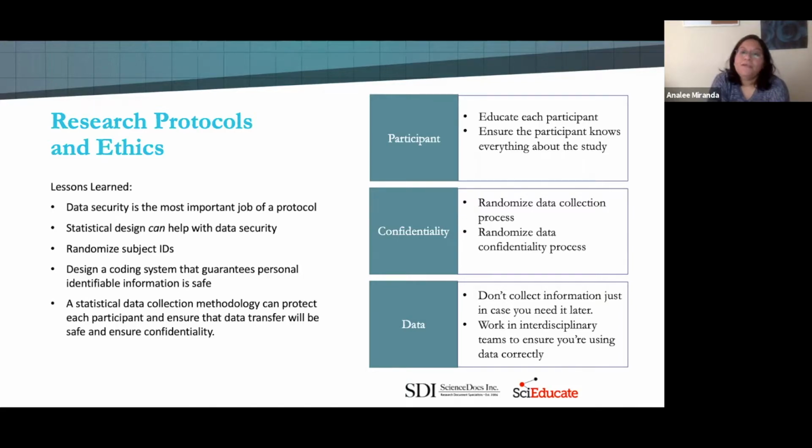You also want to remember that for every participant, you need to educate them about your study, and that's part of the informed consent. You want to ensure that everything is understandable for them. I know the rule of thumb at the IRB board at AFRL was that they told us to write at the level of an 8th grade education.